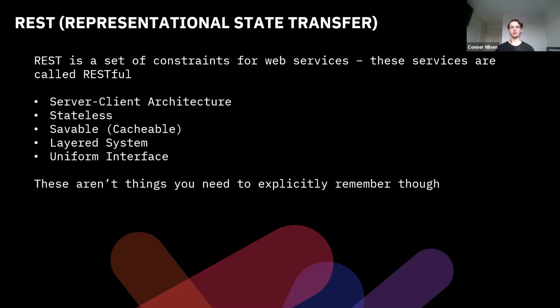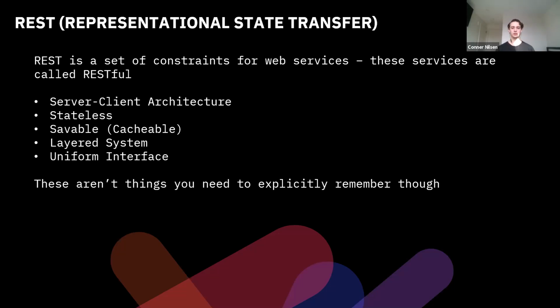Cacheability: responses are able to be marked as cacheable or non-cacheable so that optimizations can be performed. Layered system: a client shouldn't need to know if it's connected directly to the end server, or if there are intermediary services. And a uniform interface, in that the server and its resources and implementation should be decoupled from what is returned to the client.